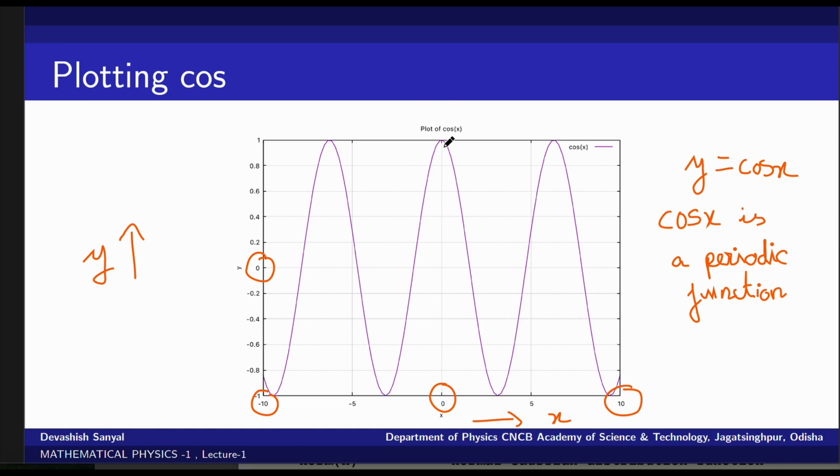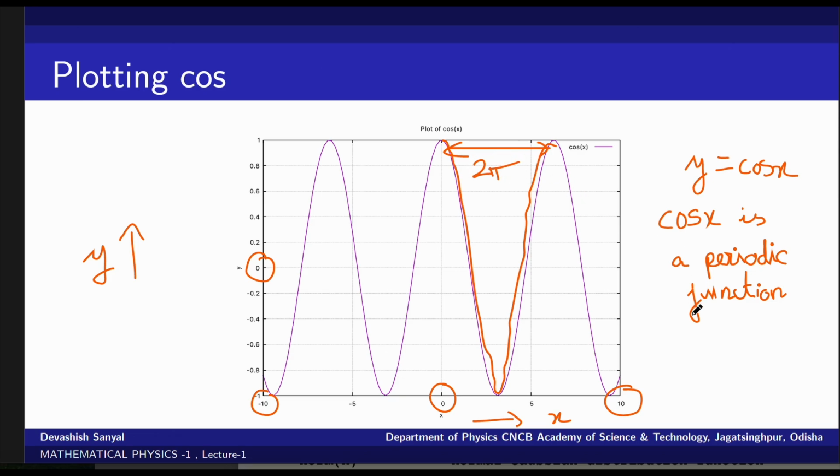You can start from here. Here it is maximum, then it goes down, then it goes up, again reaches maximum, and starts going down. So it has a periodicity. This is 2 pi, just like in sine. So this is 2 pi on the x-axis.